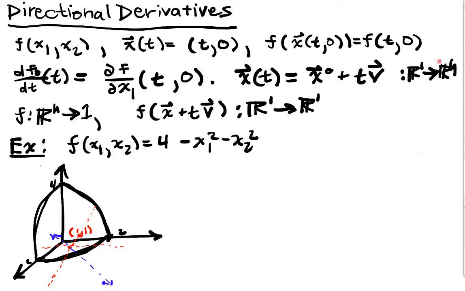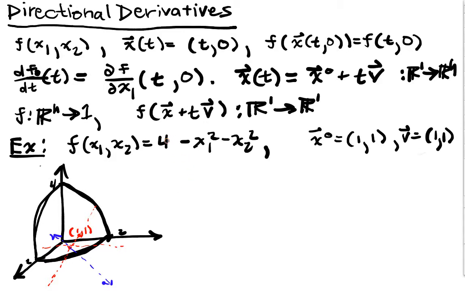So now I just need a parameterization of that line. But be careful, because every parameterization is going to give you a different derivative, right? So just keep that in mind. Well, I want to take the derivative at this point, so I'm going to set x naught equal to (1, 1). And I'm going to say v is equal to (1, 1).